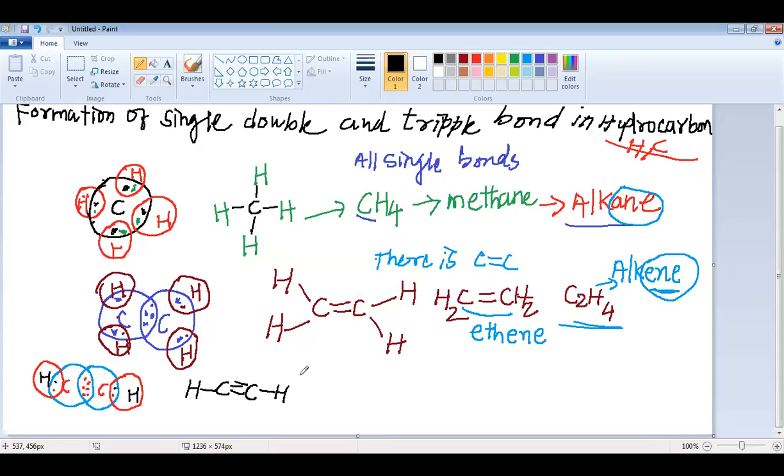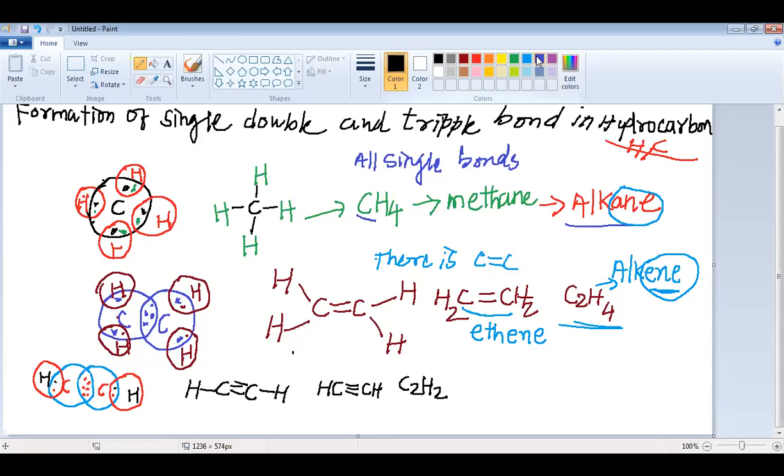So this is nothing but your HC triple bond CH. You can even write it as C2H2.